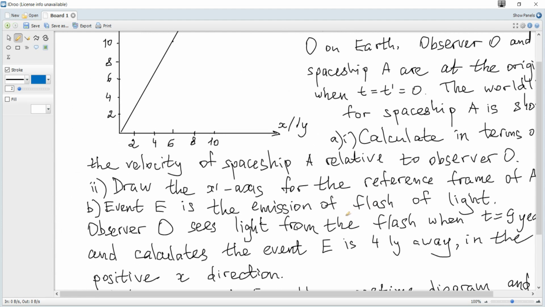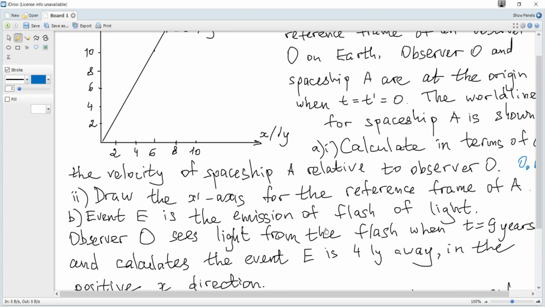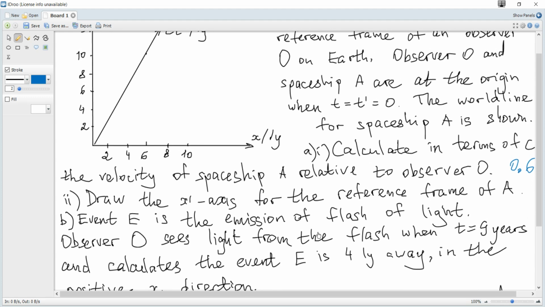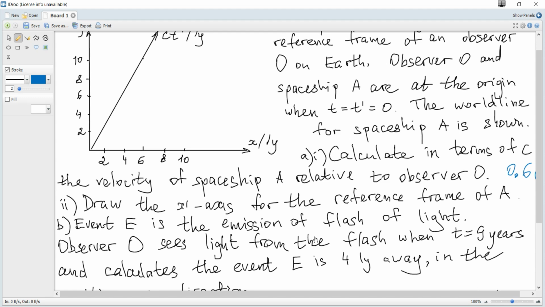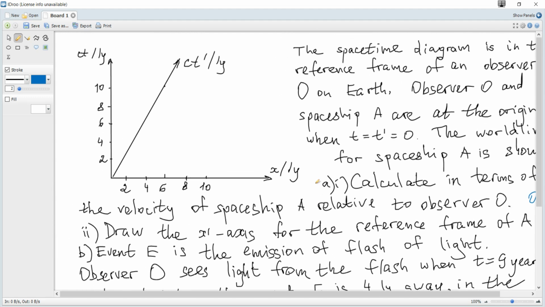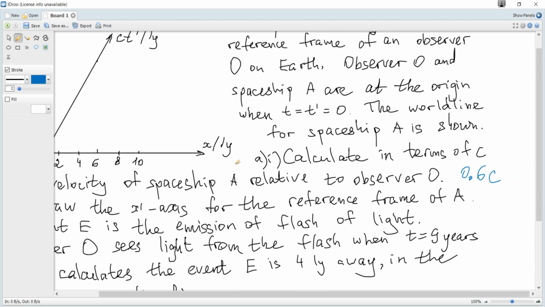The next step: draw the x primed axis for the reference frame of A. Again, the angle between the x and x primed axes is also theta, and the tangent of theta is also 0.6.